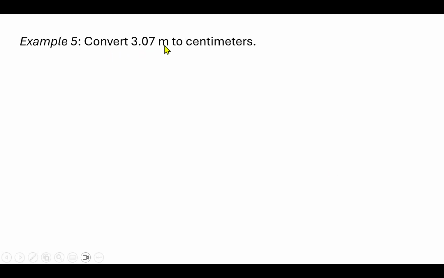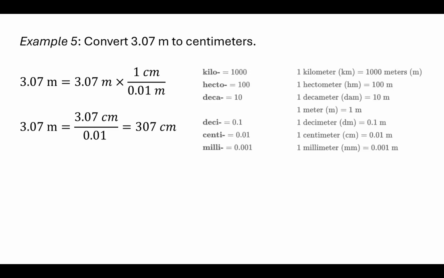So in this case, the M stands for meters, which is the unit of length, and we want to convert 3.07 meters to centimeters. So what we need is, of course, our conversion table. For the metric system, it's a little bit different. It has a very nice simplified prefix notation.